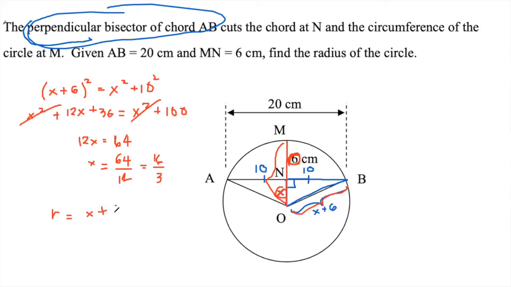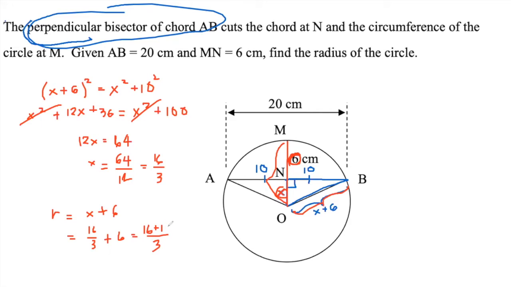So you have to add 16 over 3 to 6. 6 times 3 is 18, and 18 plus 16 is equal to 34 over 3. Therefore, the radius of the circle is 34 over 3, or you can write this as 11 and 1/3, or 11.33.